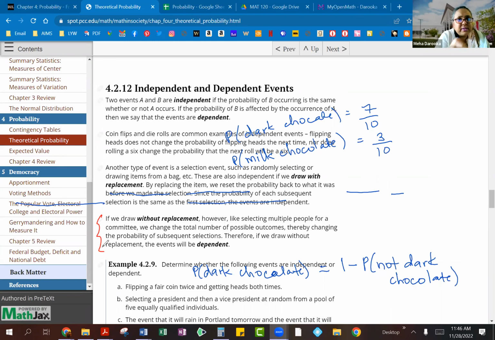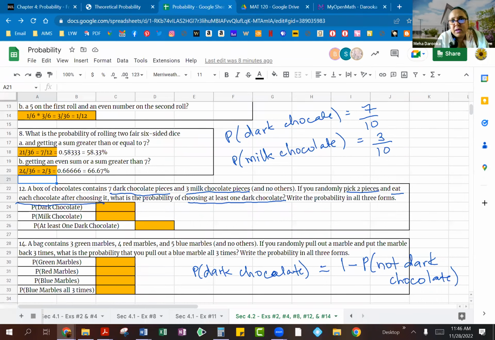So let's take a look at how this will change. So let's come back over here. Okay. So let's talk about finding the probability that you are not choosing a dark chocolate. How would you set that up? Not choosing dark chocolate, which automatically means you're getting a milk chocolate.